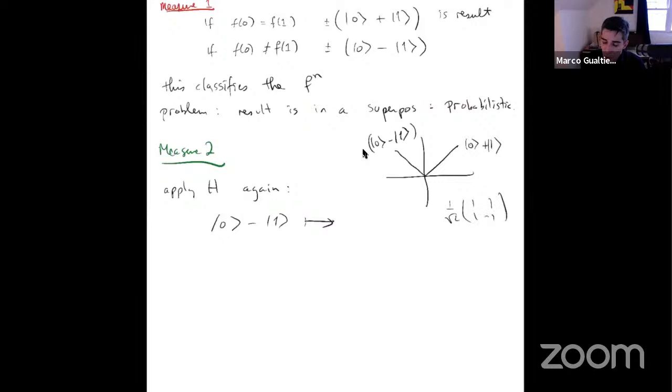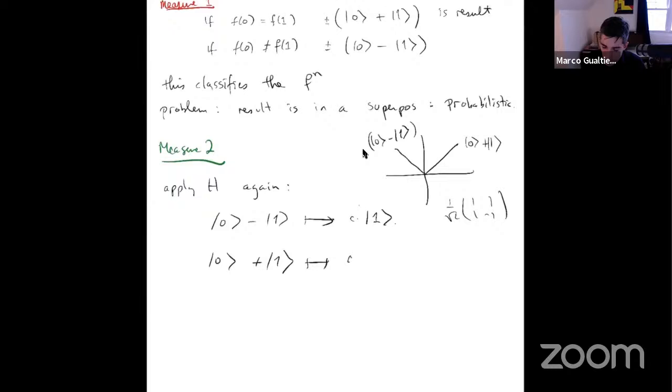So the difference between the two columns would be a constant times 1. And the sum of the columns would be some constant times 0.